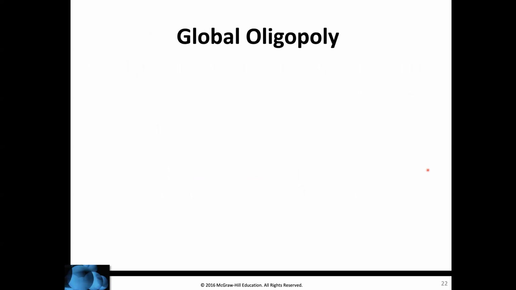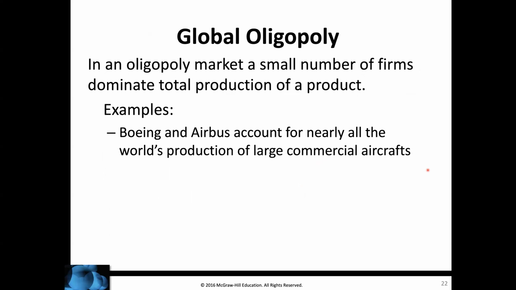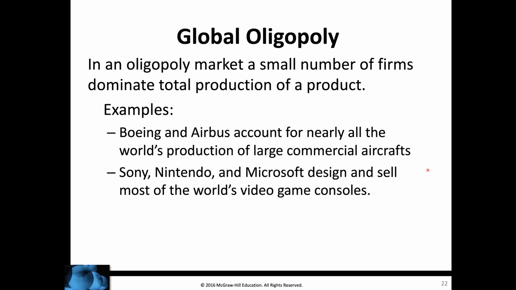Now let's jump to global oligopoly. In an oligopoly market, a small number of firms dominate total production of a product, and oil might be a great example. Here's a good example: in airplane manufacturing, Boeing and Airbus account for nearly all the world's production of large commercial aircraft.